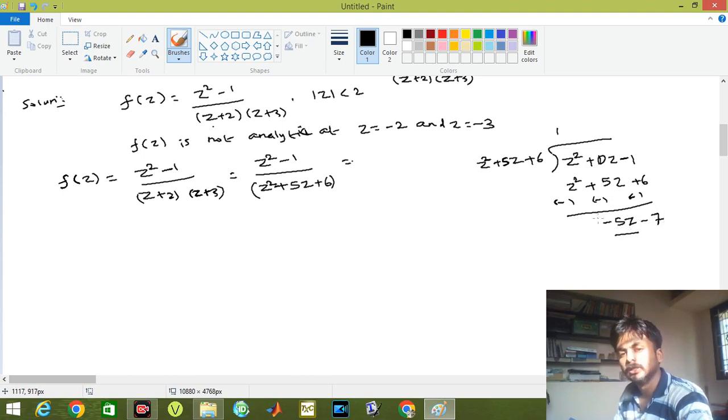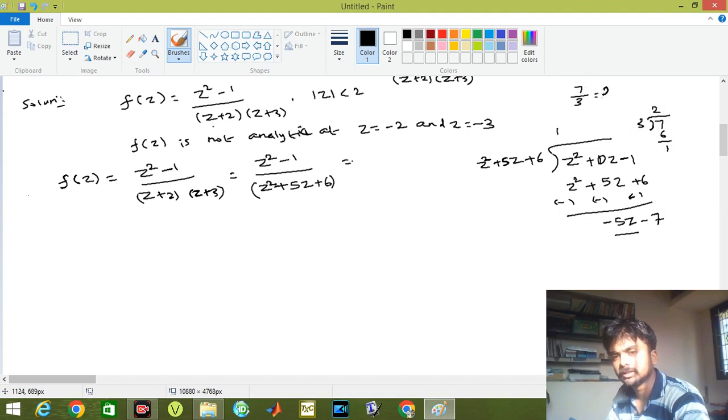Okay. So now this function can be simplified as follows. But before that you have to know one thing. If I am going to divide 7 by 3, how can I write this? 7 divided by 3 will give 2 as the quotient and 1 as the remainder.